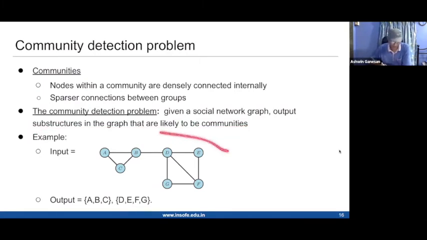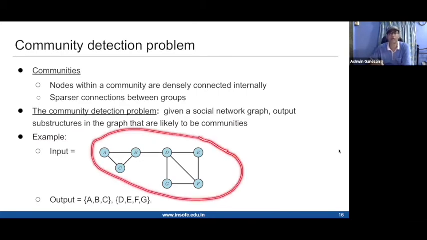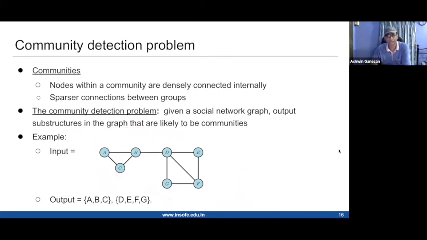If you're given this particular social network graph as your input, and you're asked to output two communities, that means you have to output two subsets of vertices such that the vertices within each subset are very densely connected to each other, but vertices between the subsets are very sparsely connected.